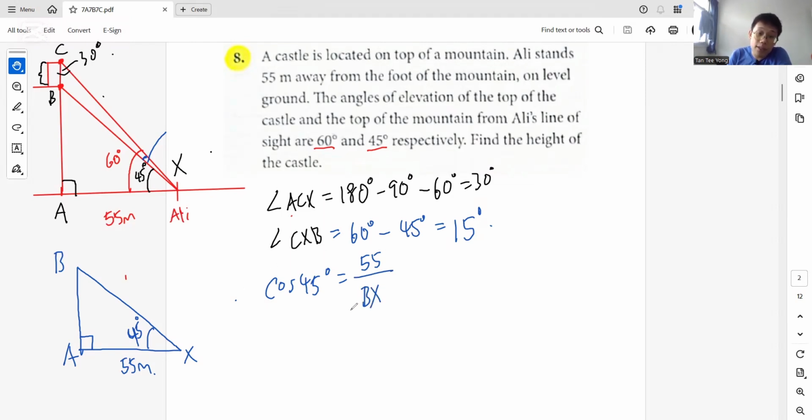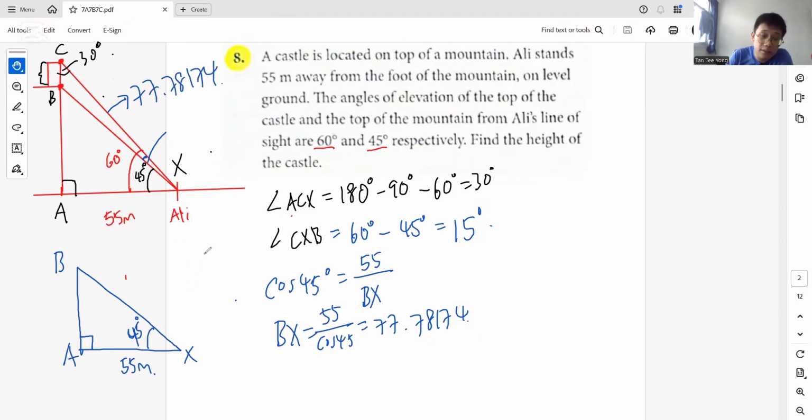So BX equals 55 over cosine 45, which equals 77.78174. So after finding BX, I know that this part is 77.78174. Now how do we find BC?